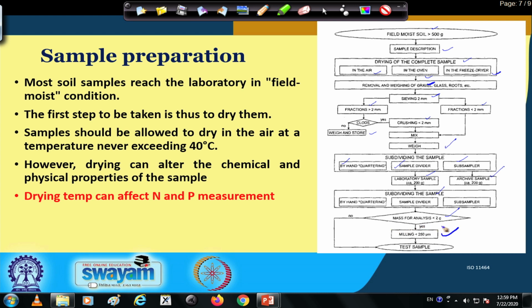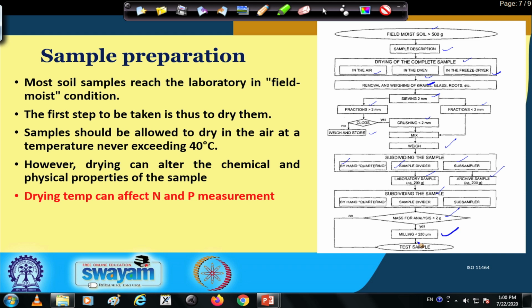So, if the mass for analysis is less than 2 gram, then further milling is done to get the test samples. If the mass for analysis is not less than 2 gram, then we go directly to the test samples. Consider this as the test samples. So, we will discuss all these steps in the subsequent slides.